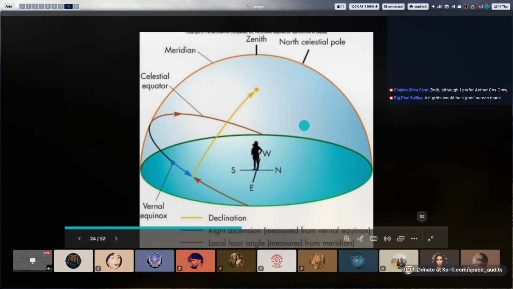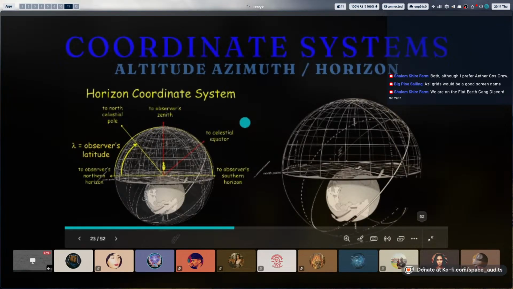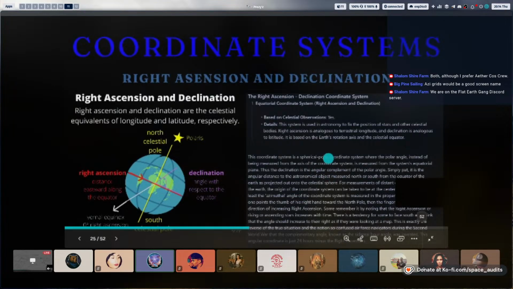Now, if you wanted to relay to somebody else an observation that you made in this alt-az coordinate system, you wouldn't be able to, because you'd need a unifying point, a place where you both could count from 0, or an equator. An equatorial-based system, something like right ascension and declination, still represents your alt-az observations, but references a common line called the celestial equator.